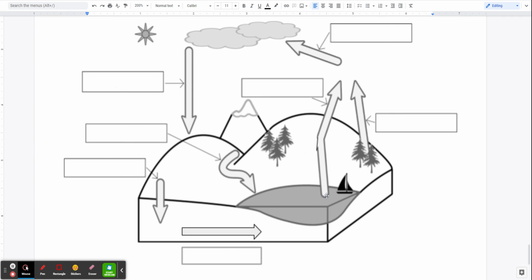This arrow is going from the water source to the atmosphere. This arrow is going from the tree to the atmosphere. And this arrow is going from the atmosphere to a cloud, or the air to a cloud. This arrow is going from an underground source to another underground source.